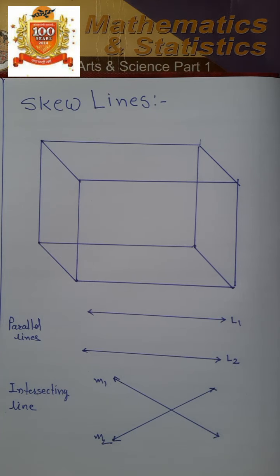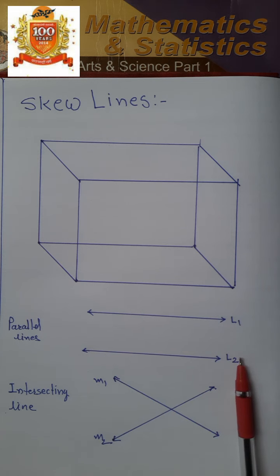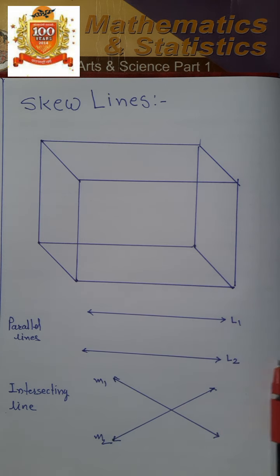Let us see the next part, skew lines. Before seeing skew lines, we should know about parallel lines. L1 and L2 are two parallel lines because they never intersect each other, isn't it? If we go in this direction, they never intersect each other. These two lines are called parallel lines.